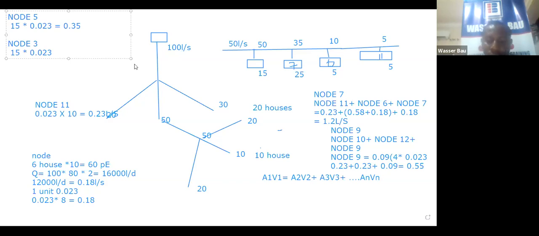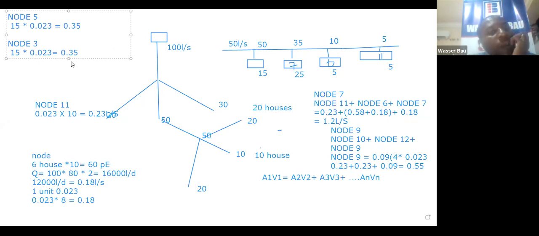So that is 15 multiplied by 0.023, equals the same value, 0.35.